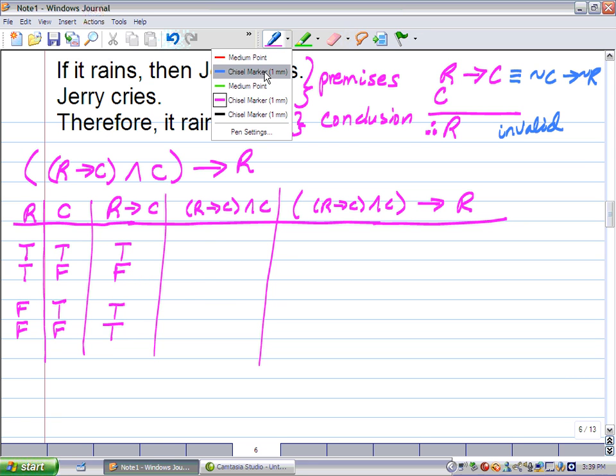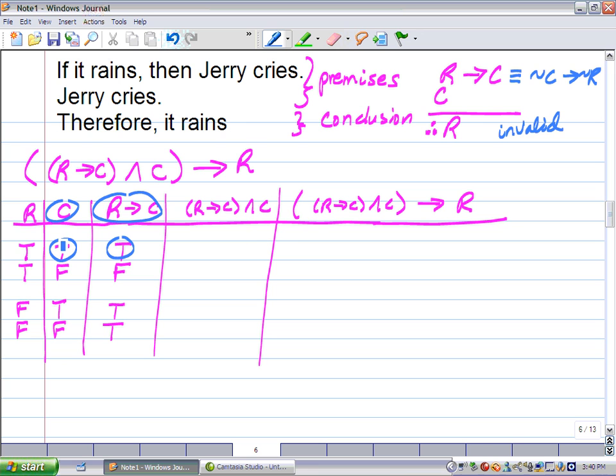I'm now going to take the R implies C column and AND it with the C column. So true and true gives me true. False and false gives me false. True and true gives me true. True and false gives me false.